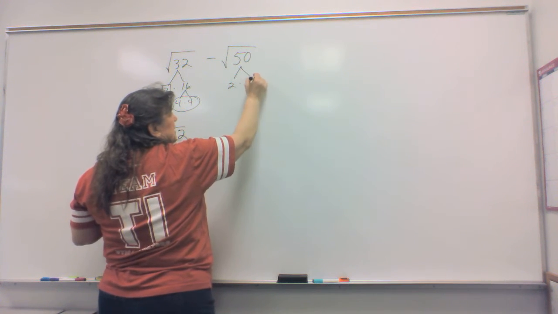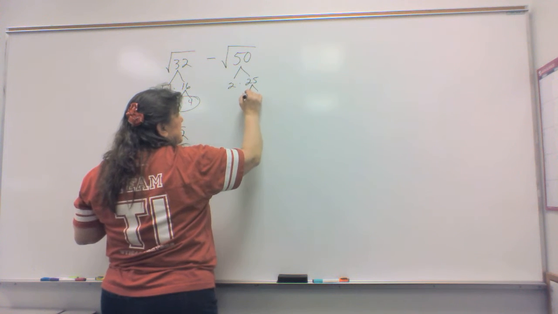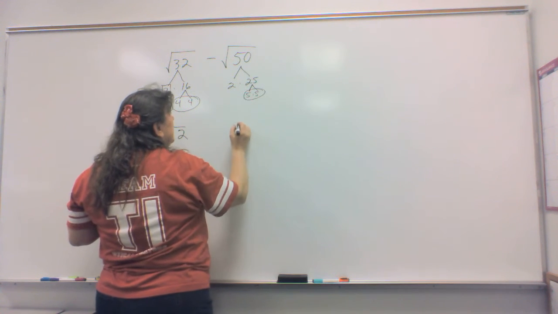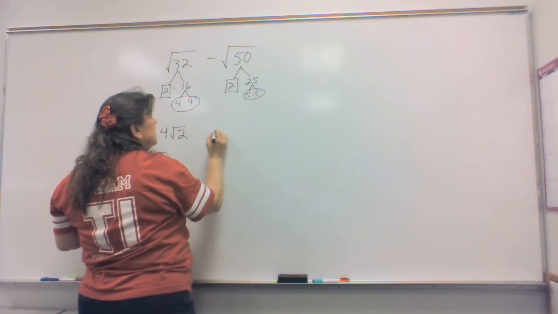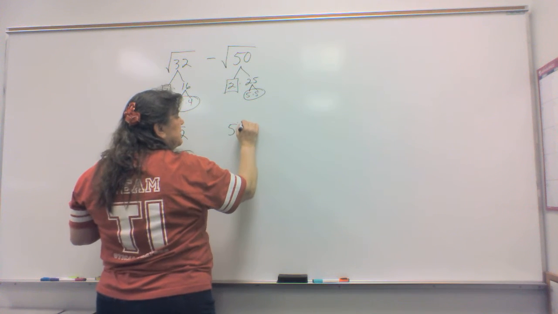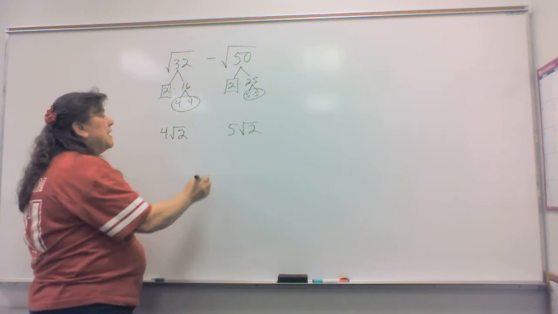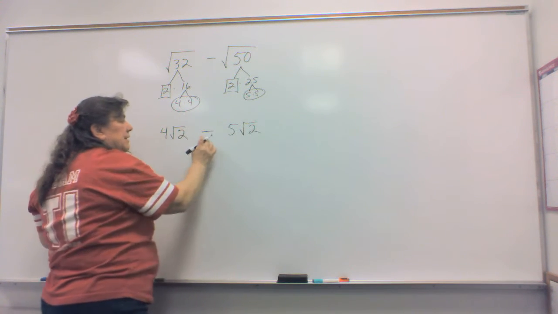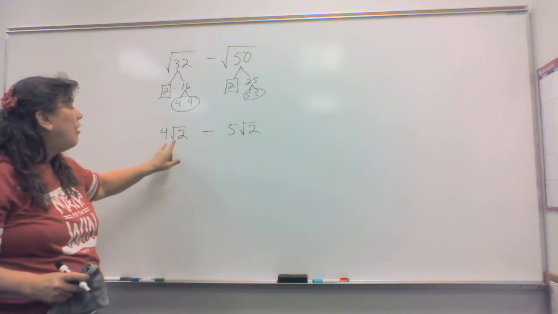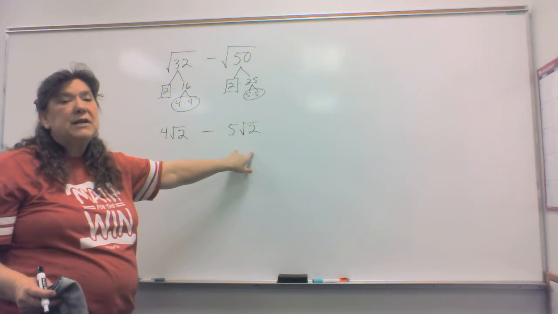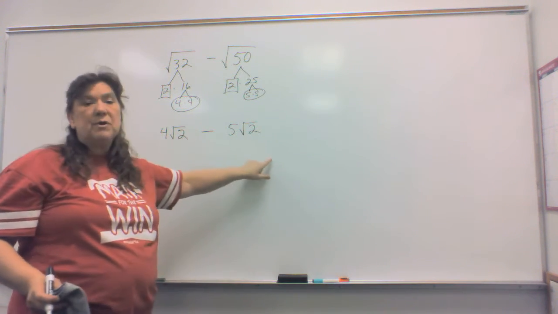2 times 25, your 25 breaks down to 5 times 5. So we have 5 comes out of the house. The square root of 2 is the 2 stays inside the house. And don't forget we're subtracting. Okay, now, are they like terms now? Yes, they are, because they both have square root of 2.